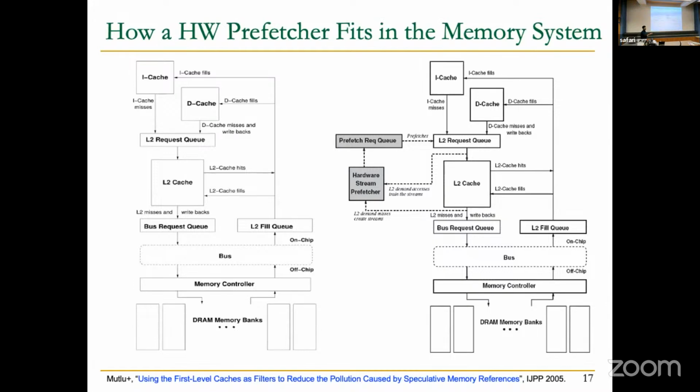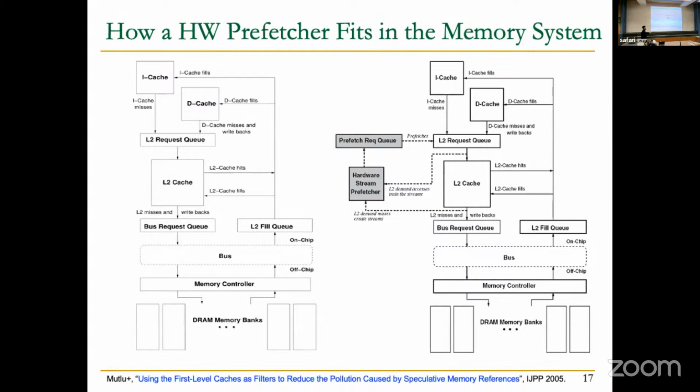It realizes that plus 2 is the stride. So the moment I see A plus 8, I would generate an A plus 10 prefetch request and push it, and that would get pushed into the L2 cache queue.